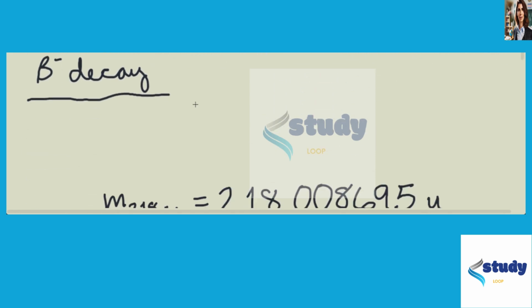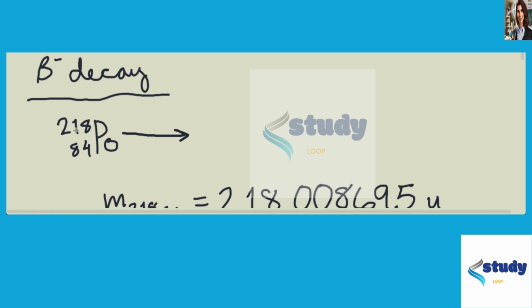On to the case of beta negative decay. Let's write out that reaction. Again, starting with our parent, polonium 218, which has an atomic number of 84. In a beta negative decay, one of the neutrons in this polonium atom is going to decay into a proton and an outgoing electron.